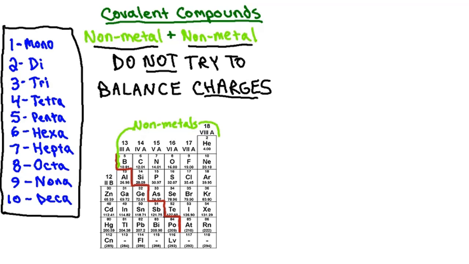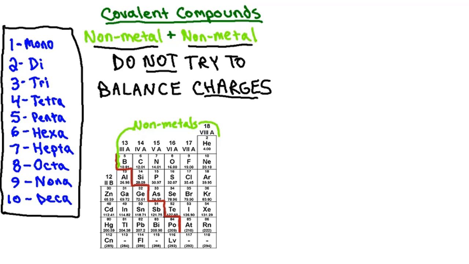So if you have oxygen, which in a compound we call oxide, and you have 2 oxygens in the formula, we're going to say dioxide. So 3 is tri, 4 is tetra, 5 is penta, 6 is hexa, 7 is hepta, 8 is octa, 9 is nona, and 10 is deca.